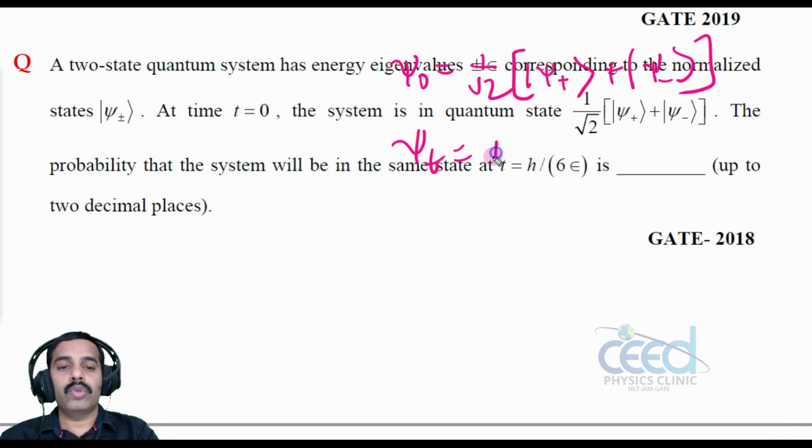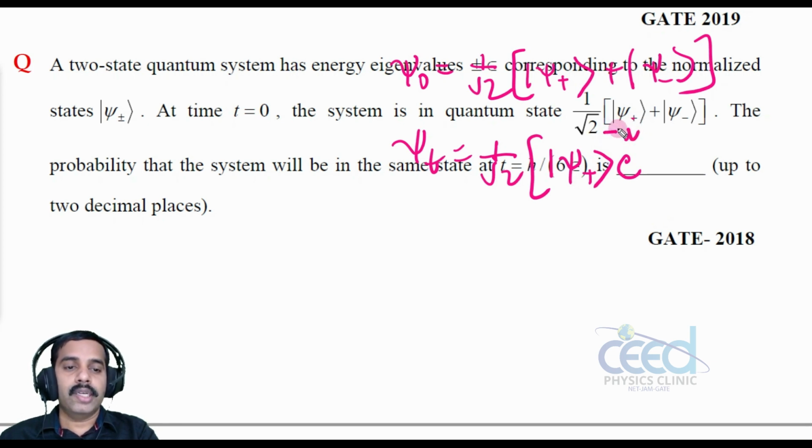We can apply the time evolution operator: 1/√2 psi plus e raised to minus i E plus t/ħ, E plus is already given, that is plus epsilon. Let me give this as E1, e raised to minus i E1 t/ħ, plus corresponding to psi minus, we have again e raised to minus i E2 t divided by ħ.